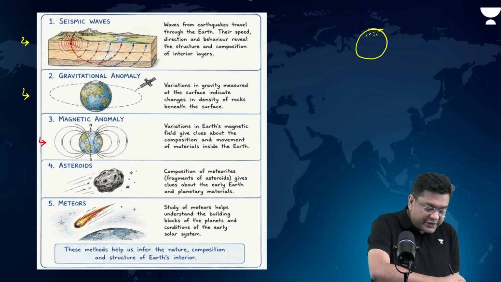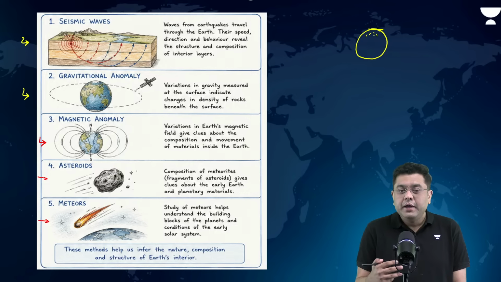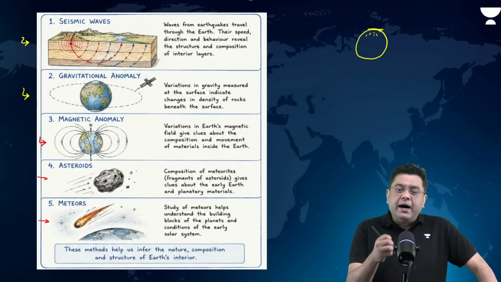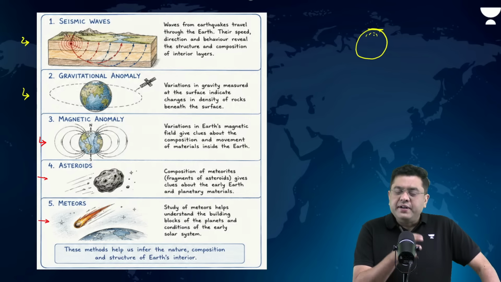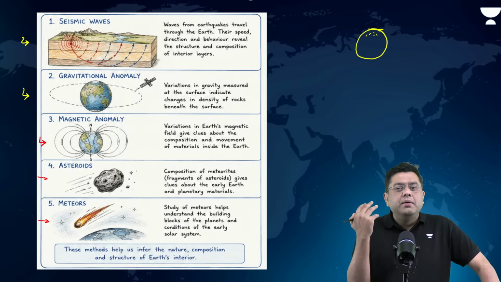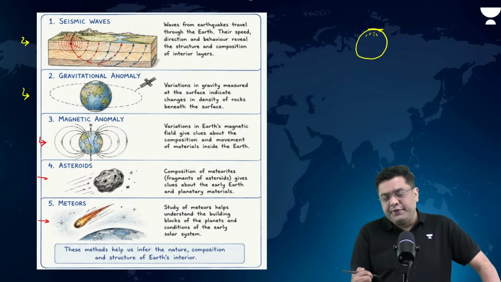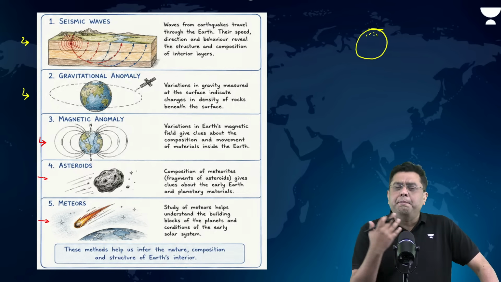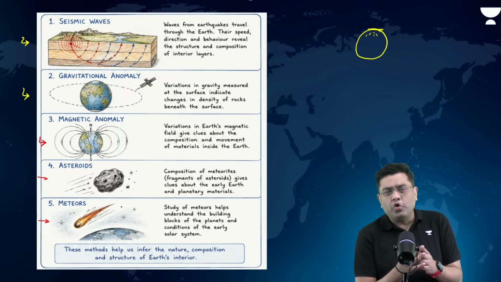Then comes the asteroids and the meteors. How? So, asteroids and meteors are basically representative of the parts of the early solar system, right? Now, remember, in yesterday's class, we had discussed that in the early solar system, you had multiple billions of particles which began to collide.